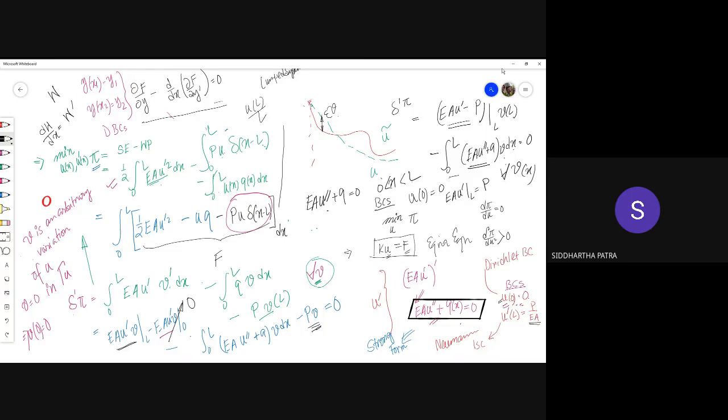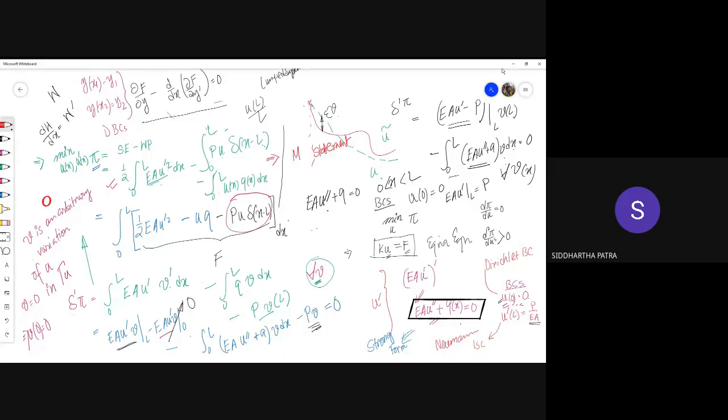So first of all, this expression, this statement, where we write the potential energy that we are supposed to minimize, we call that the M statement, or the minimization statement.